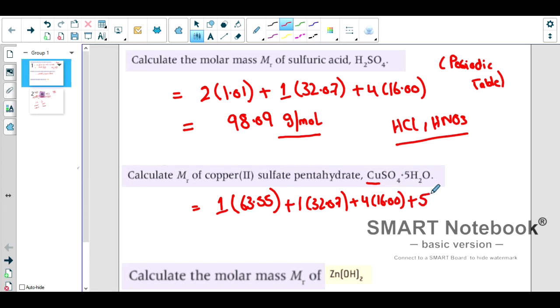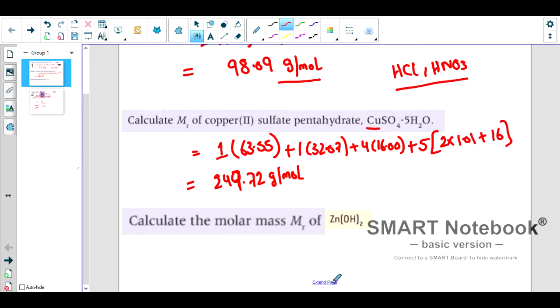Plus 5 times the mass of water, which is 2 times 1.01, the mass of hydrogen, plus 16. So this 5 will be multiplied with the water, but then it will be added to CuSO4. And what mass will you get? You will get around 249.72 grams per mole.